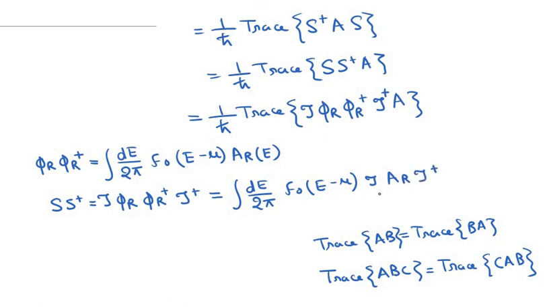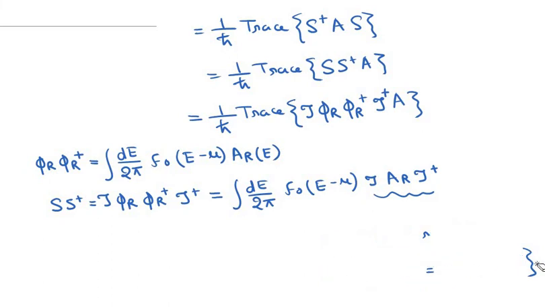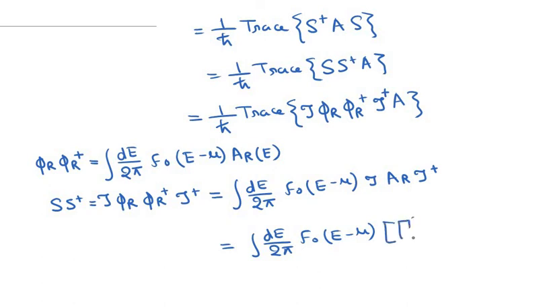Now remember that this is equal to the gamma matrix, so we delete this part and write this entire thing as the integral of dE divided by 2 pi, f0 of E minus mu, and then gamma. We ignore the matrix notation, but remember that these are matrices, or they can also be functions, but since we are looking at the numerical perspective, these two would be matrices.